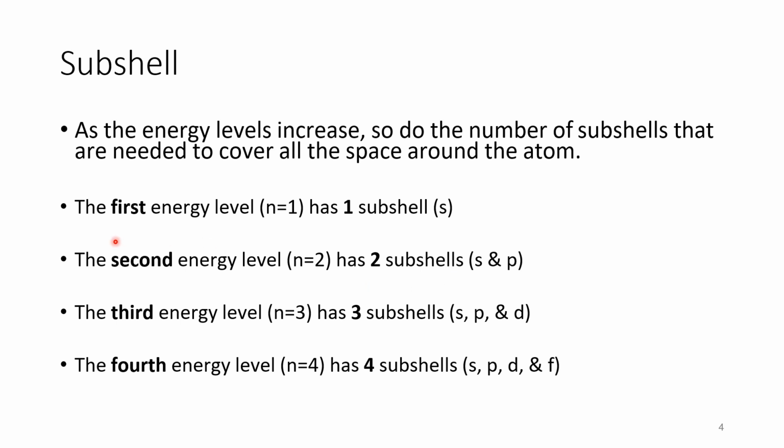The first energy level, n equals 1, has one subshell, S. The second energy level has two subshells, S and P. The third has three subshells, S, P and D. The fourth has four subshells, S, P, D and F.